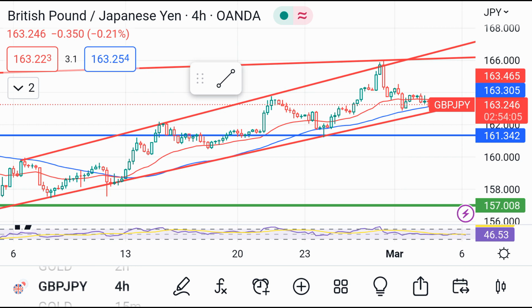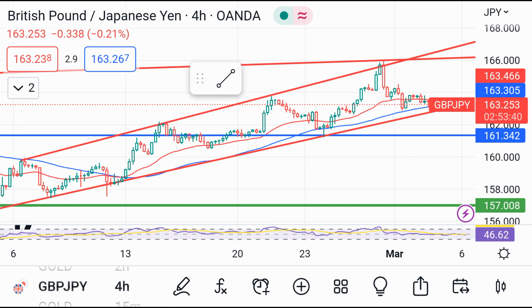And in order to be profitable, always make the trend line your friend. I heard people saying make the trend your friend, but for me, I believe that the right thing is to make the trend line your friend. It's not all the time that the trend will be your friend.